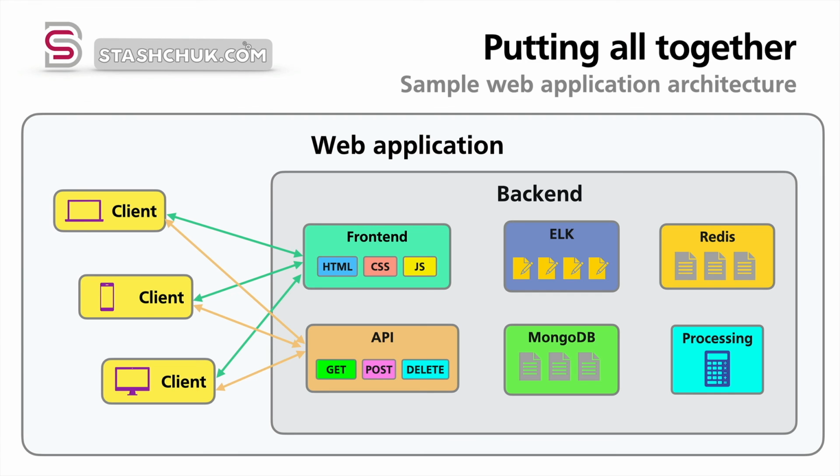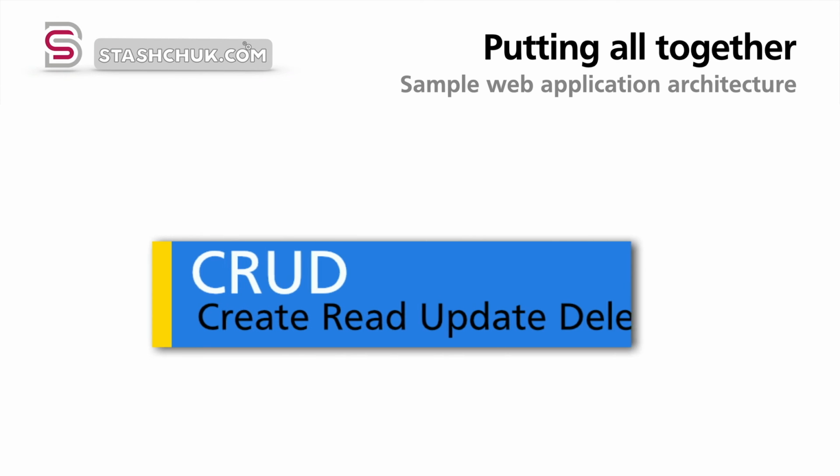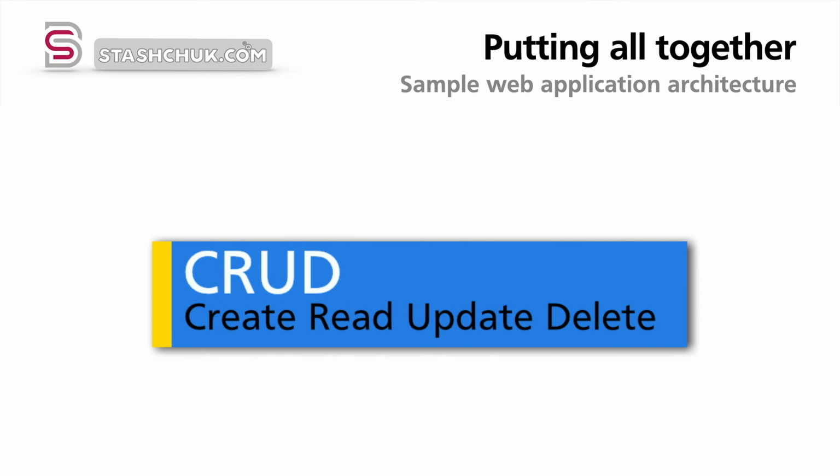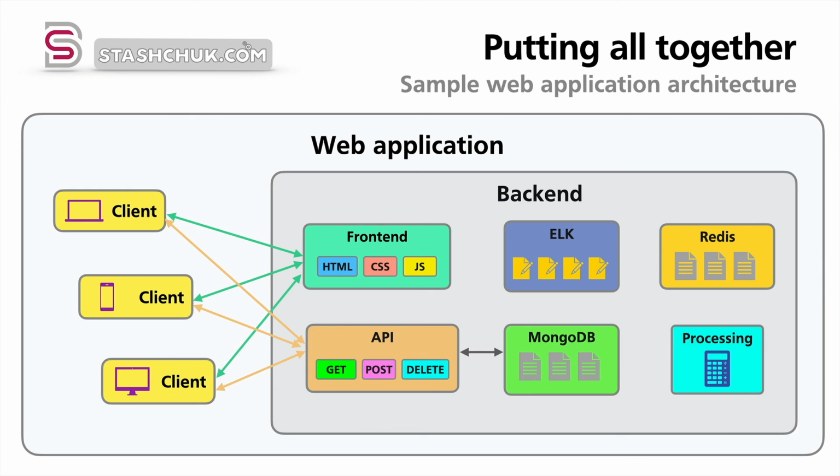Also, they send requests for data modification or removal, and those requests are sent to the API server. This API server interacts with MongoDB, for example, and performs all sorts of CRUD operations using MongoDB client. CRUD stands for create, read, update, and delete. These are 4 common operations performed inside of the databases.